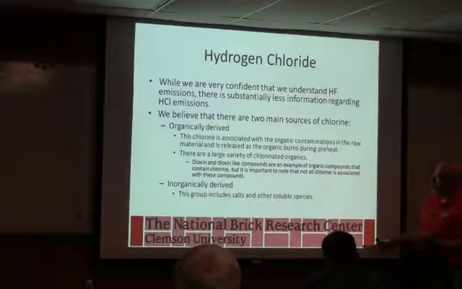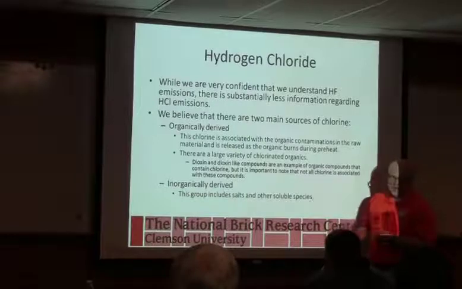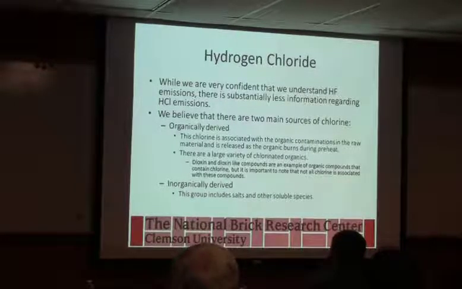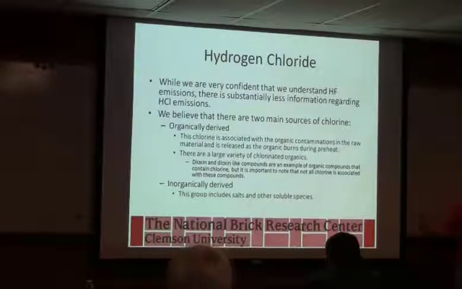Do you usually, for fluorine and chlorine, emit everything that's in the body? And the answer is no. We do something called a mass balance test to estimate emissions. So we measure the fluorine and the chlorine on what's going in the kiln, on your raw material. We measure it on your fired brick. And you can see, depending on where you are, 50 to 60% of it can stay in the brick.